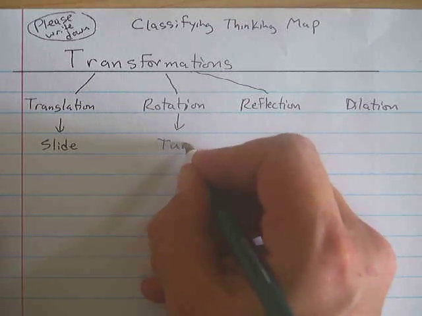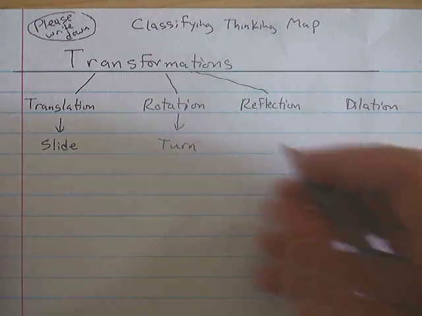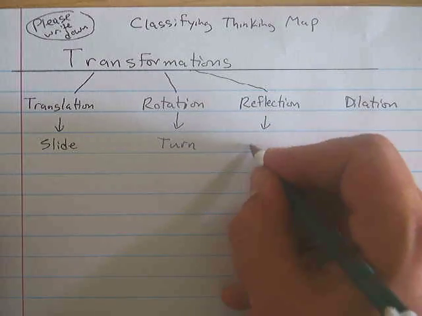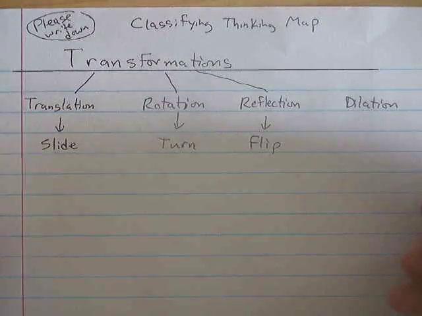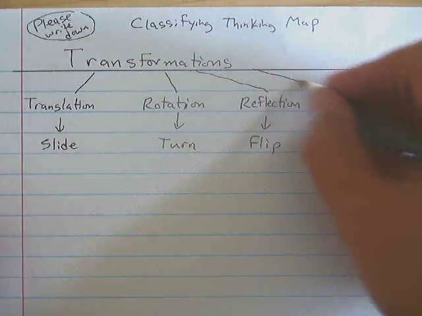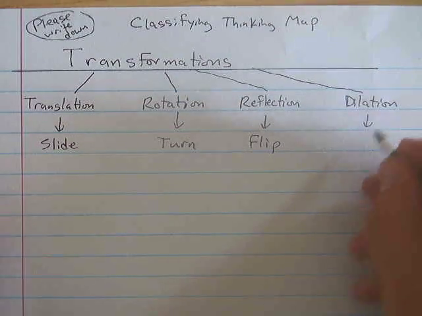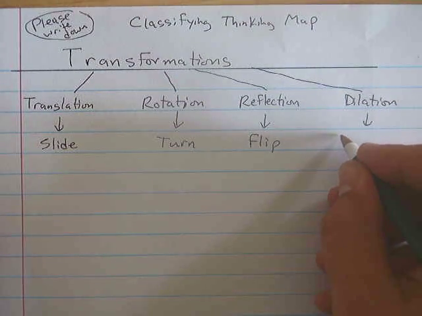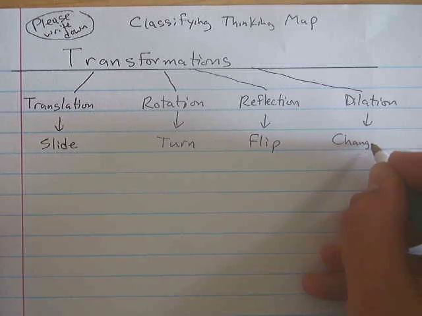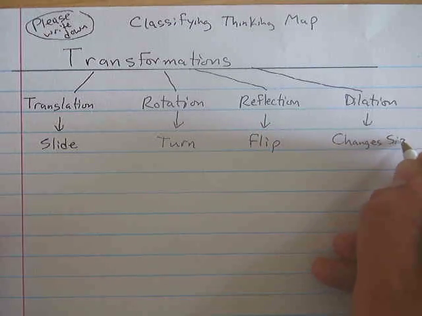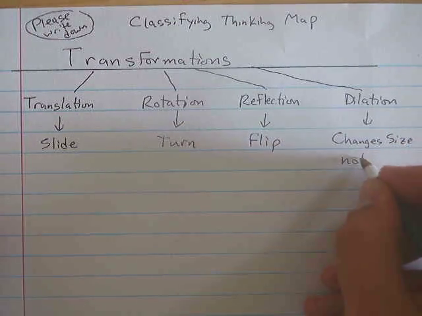A rotation, which is like a turn. A reflection, which is like a flip. And a dilation, which changes size, not shape.